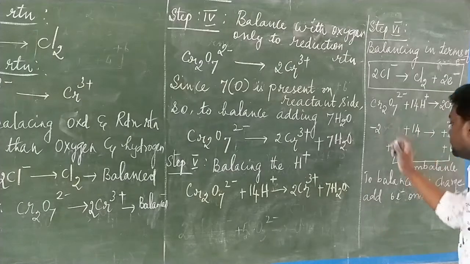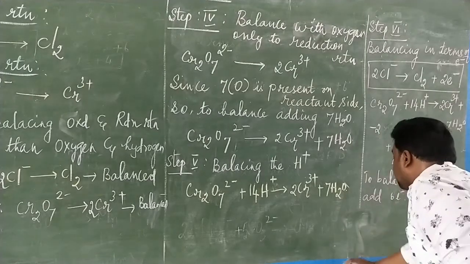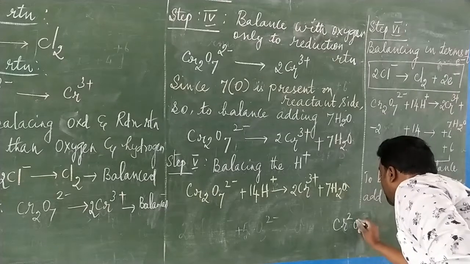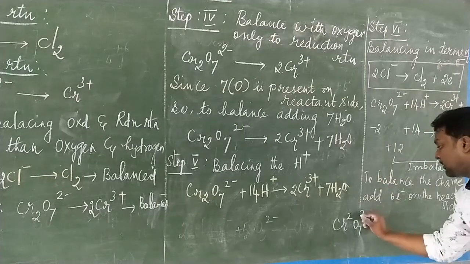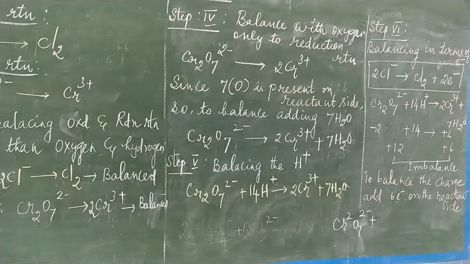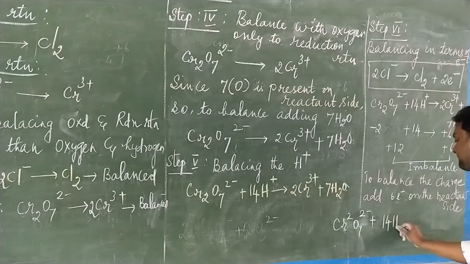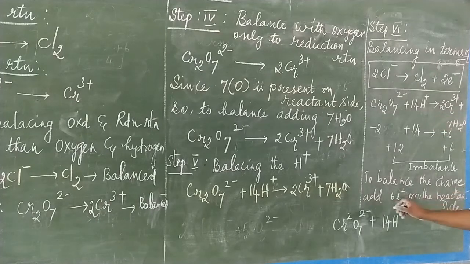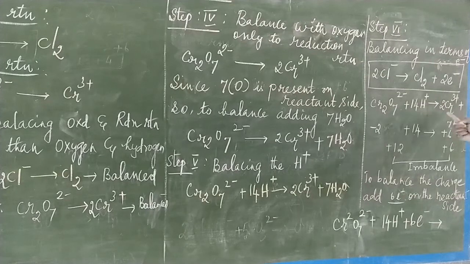Cr2O7 2- plus 14H+ plus 6 electrons gives the same product, 2Cr3+ plus 7H2O.